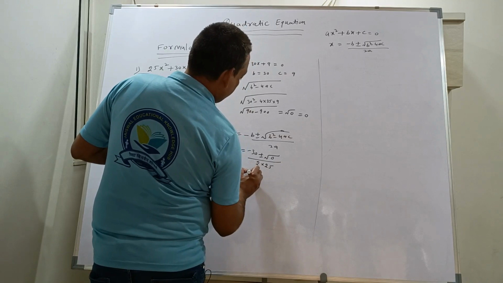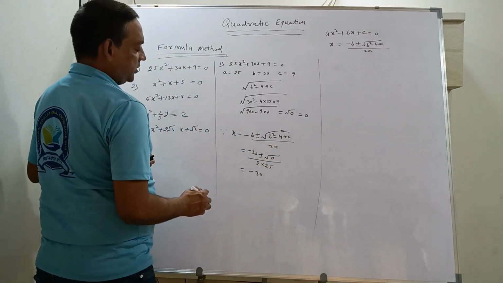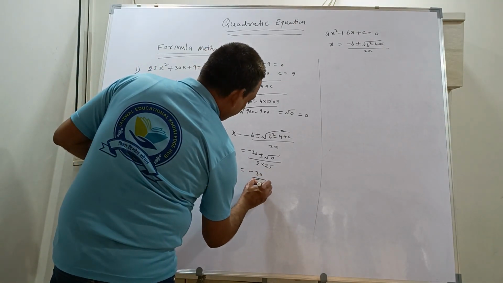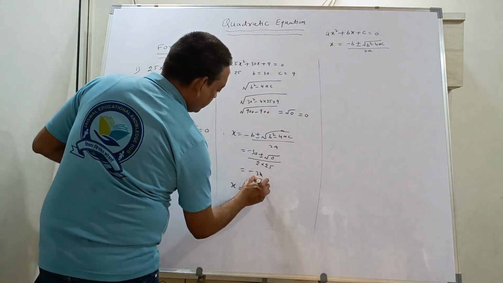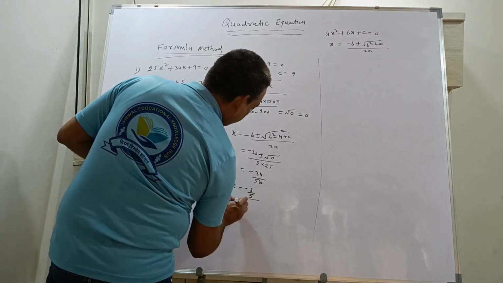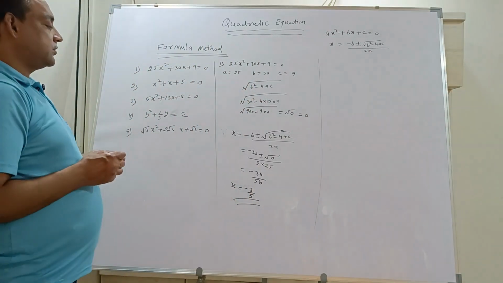That is nothing but minus 30 plus minus 0, so minus 30 upon 50. You can simplify, the 0 and 0 get cancelled. So minus 3 upon 5 is the final answer. x is equal to minus 3 upon 5.